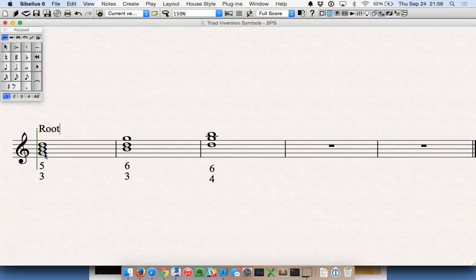It doesn't mean that if it's not in close position, we don't use these numbers. We use these numbers regardless of whether it's in close position or open position. The most important thing is that we're looking at the bass note, and these are the numbers that we will use. So again, this is root position, first inversion, second inversion. More commonly, root position will be blank.